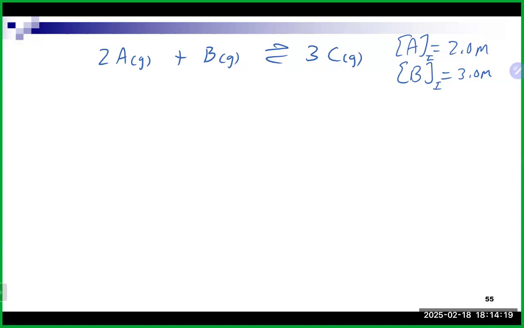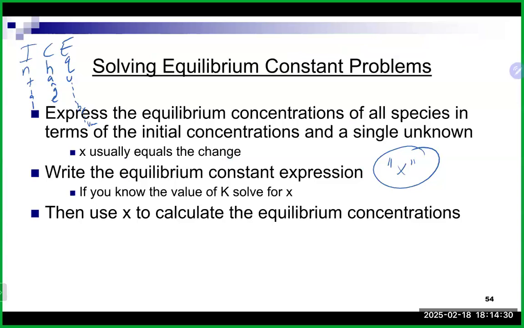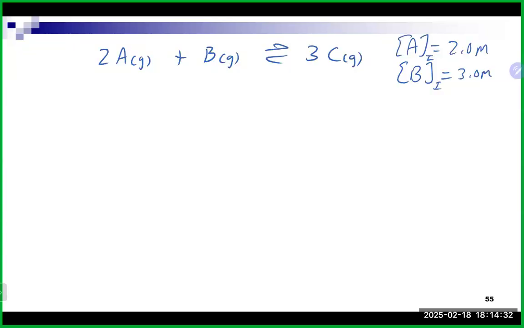First off, an ICE table doesn't work if you don't have an equation, which, as we talked about earlier, makes it really important in this class to be able to write equations. Otherwise, you're stuck looking at your ICE table with no equation. Like any equation, it should be balanced, or this is not going to work either. So you always need a balanced equation.